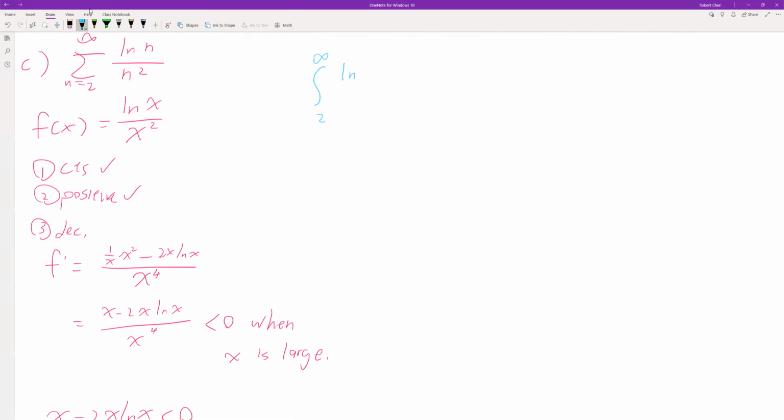All right, ln x over x squared. And again, we have to introduce the limit because it's an improper integral. Okay, so now here we have to do some sort of integration by parts, right?